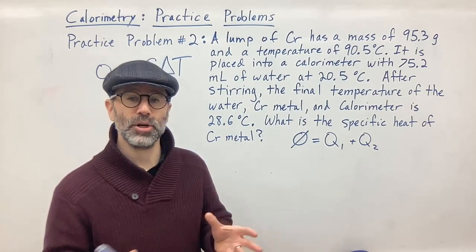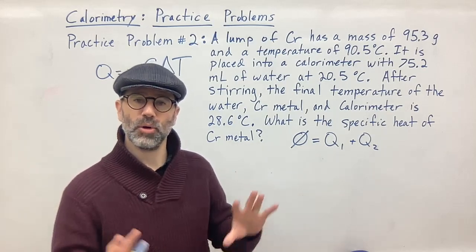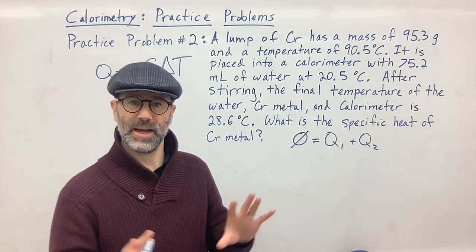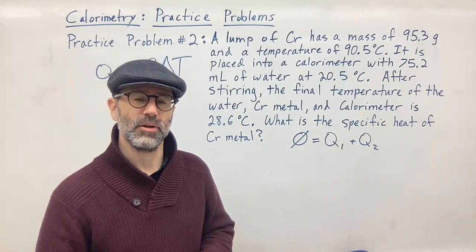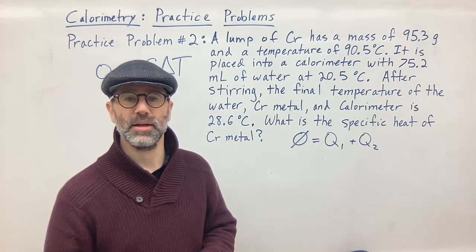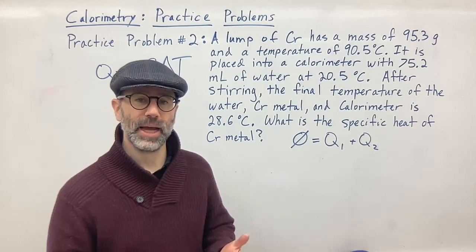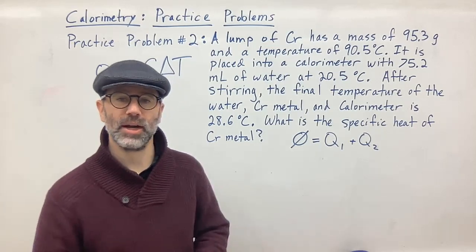So the calorimeter is really not actually part of the system, so we're ignoring that as not absorbing anything. Or if it is part of the system, it's not really interacting with the process. So there's no absorption or loss of heat by the calorimeter, and we're going to ignore that in our calculations.